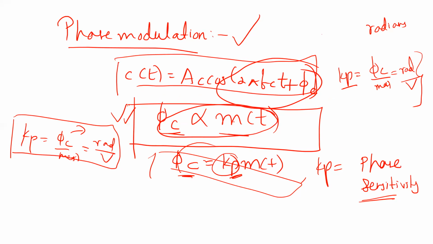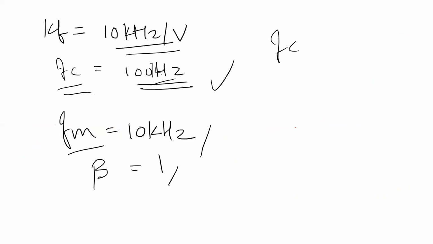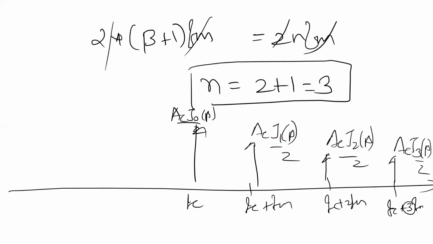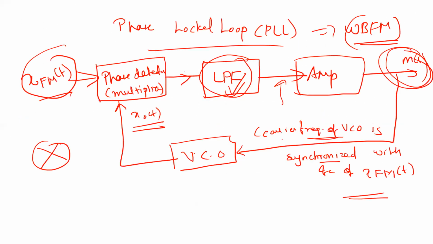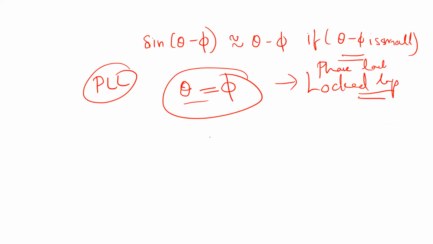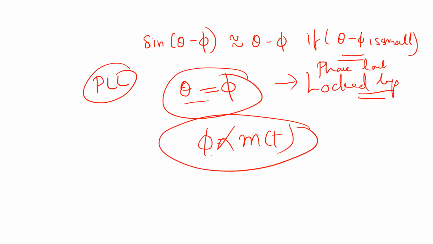So if I've got the phase, I've got m of t also, because it is directly proportional. That is the way we get m of t through PLL.